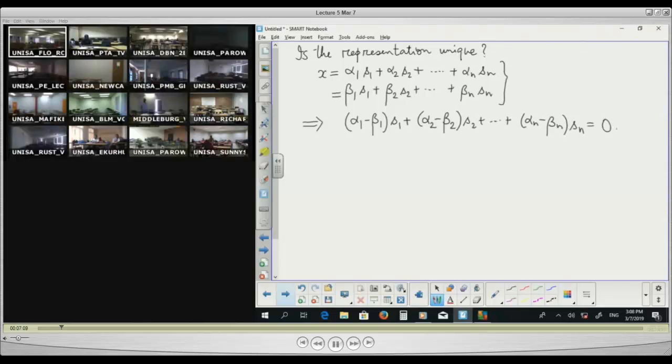So if I have x represented in two ways, it is actually telling me that I'll have such an equation. Okay? I'll have some such thing like this.